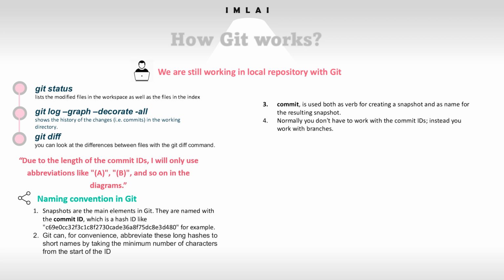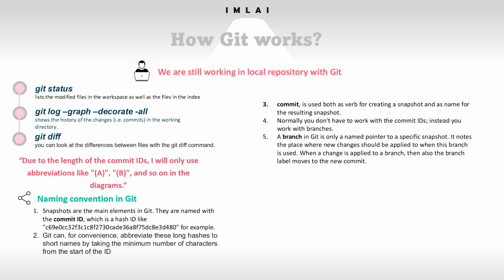Normally, you do not have to work with the commit IDs. Instead, you work with branches. A named stream of changes in other source code repositories is called a branch. In Git, a stream of changes is an ordered list of change sets as they are applied one after another to go from one snapshot to the next.